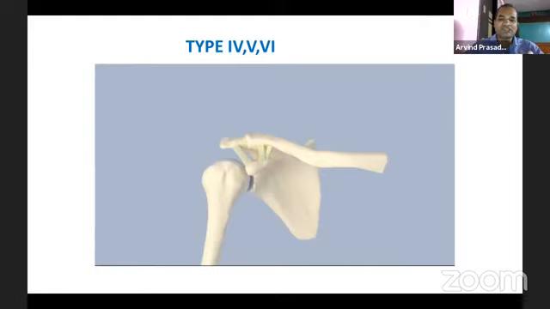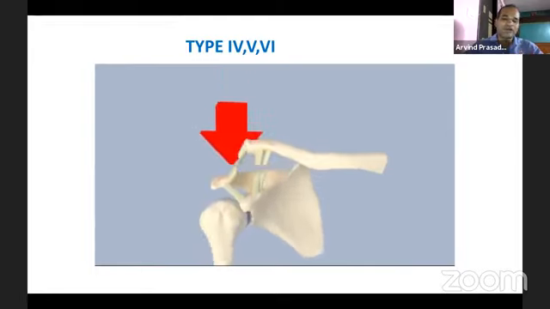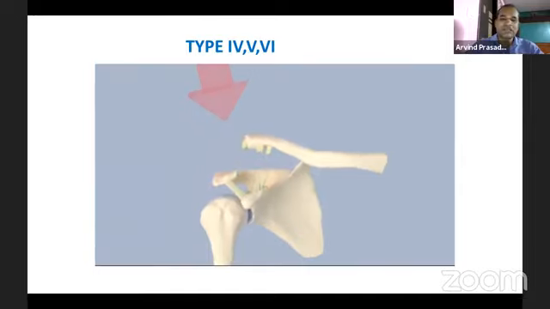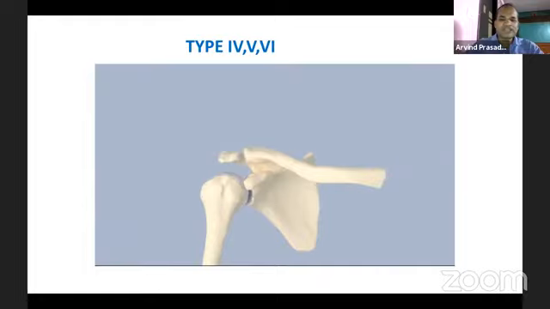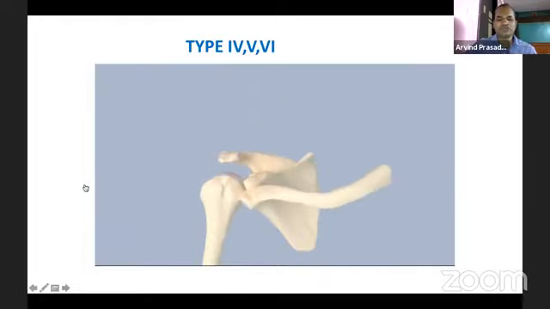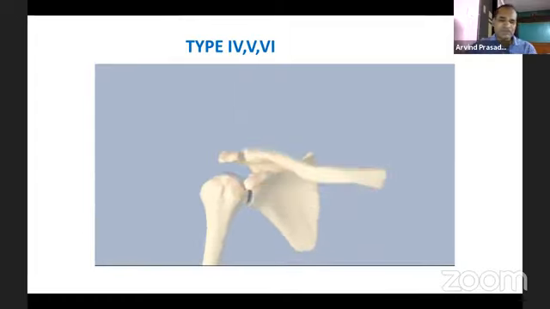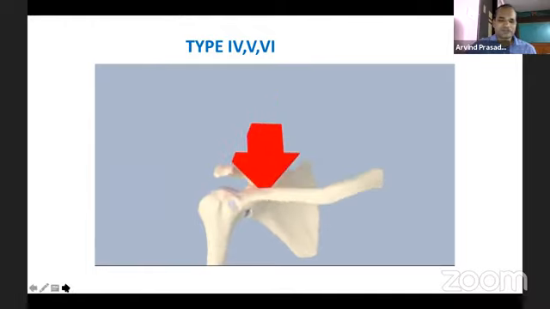Similarly, in type 6, when the clavicle comes underneath the coracoid, all these muscles get disrupted along with injury to both the AC and the CC ligament. Usually, surgical treatment is recommended for this, but much literature is still showing very good results with conservative management for this type of injury also.